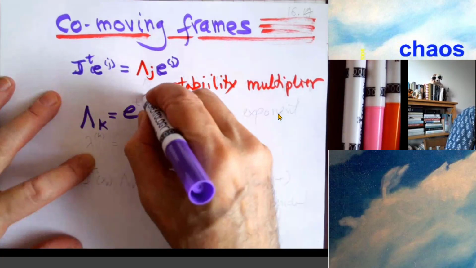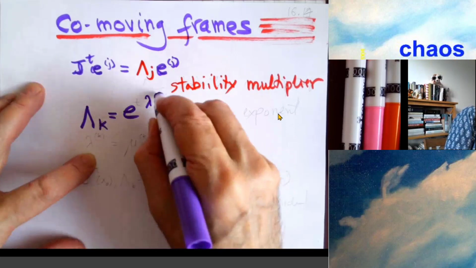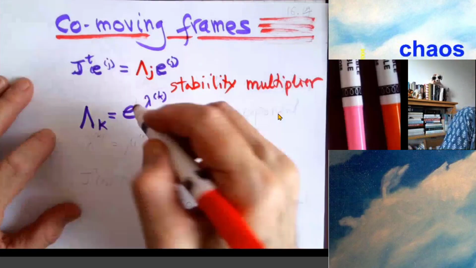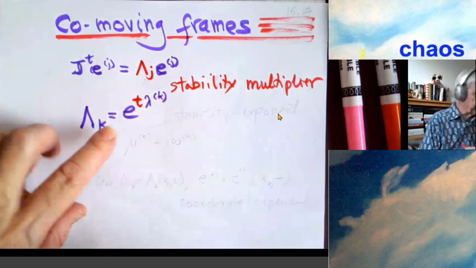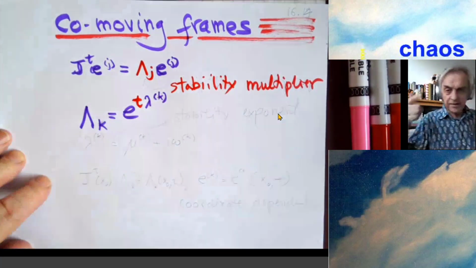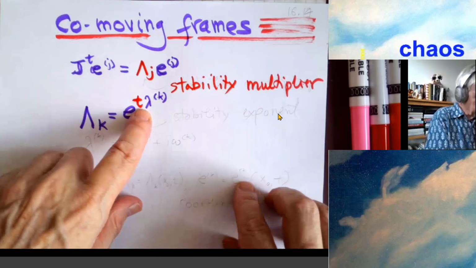So define lambda in the kth direction times time. And why do you do this? Your intuition comes from interest rates. If you have very short times, then exponentials describe how things grow.